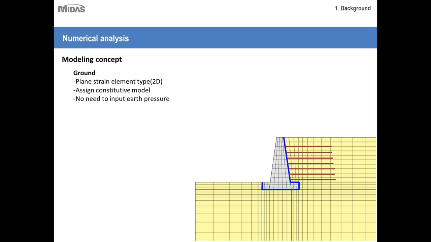But here, if you are dealing with a numerical analysis model, you need not pre-calculate and apply the earth pressure onto the system, because here you are using the constitutive models, you are using the realistic forces, so these earth pressures are automatically computed and applied to the structural system here.